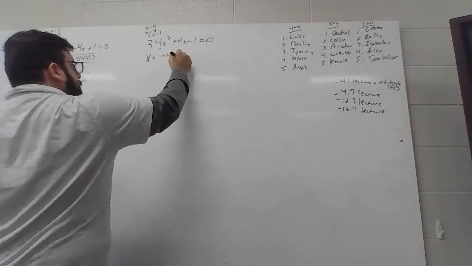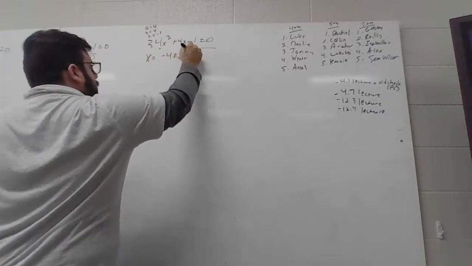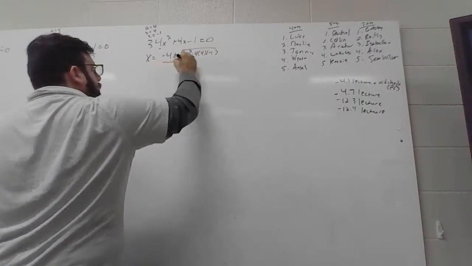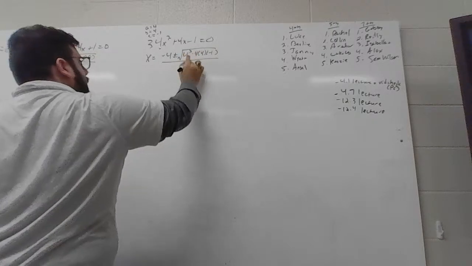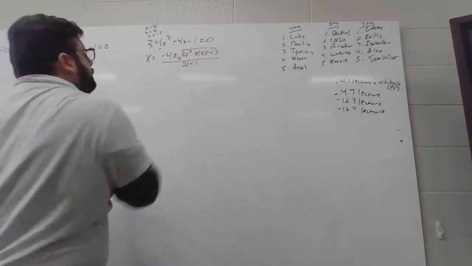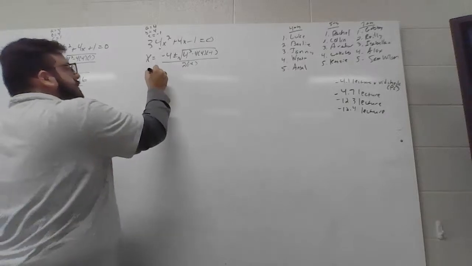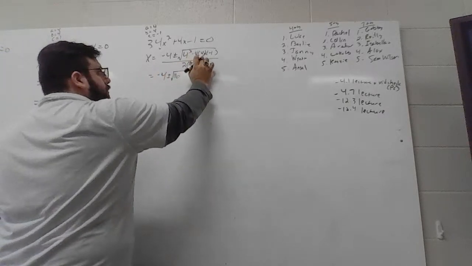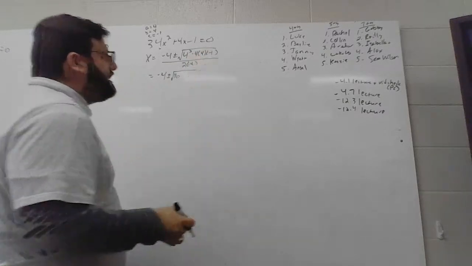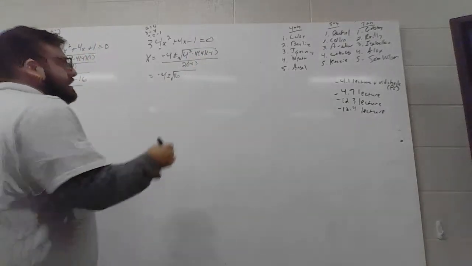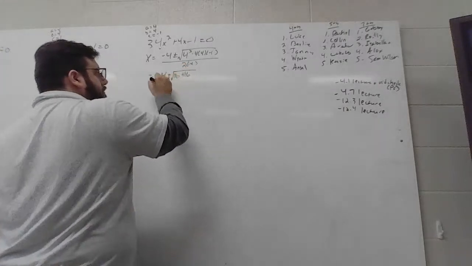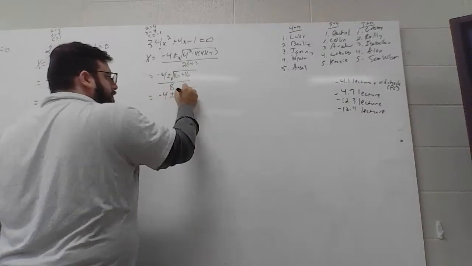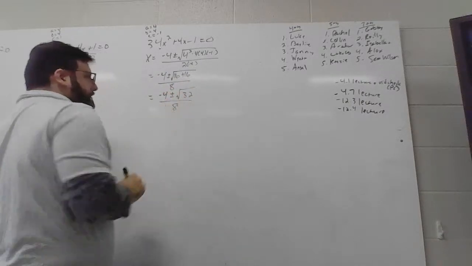Negative b plus or minus the square root of b squared minus 4 times a times c, all divided by 2 times a. 4 squared is 16. 4 times 4 is 16, times -1 is -16. So minus -16 is plus 16, divided by 8. That's -4 plus or minus the square root of 32 over 8.